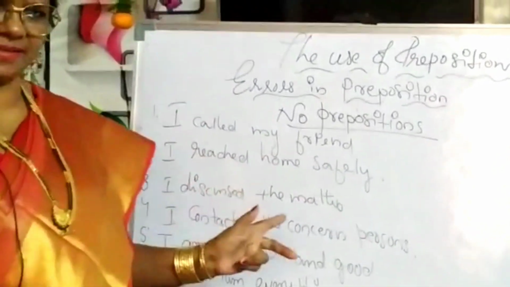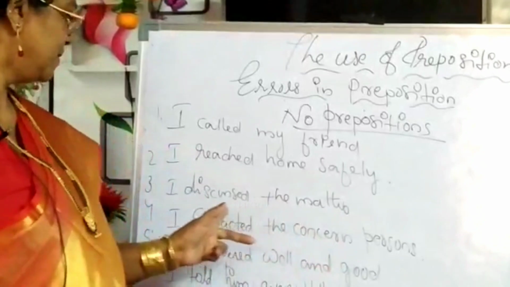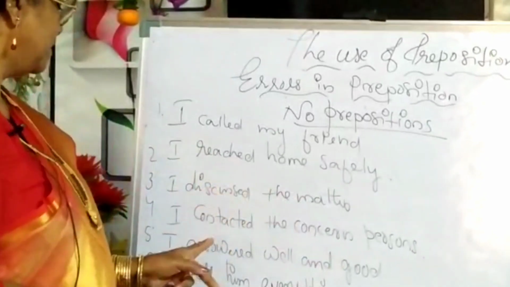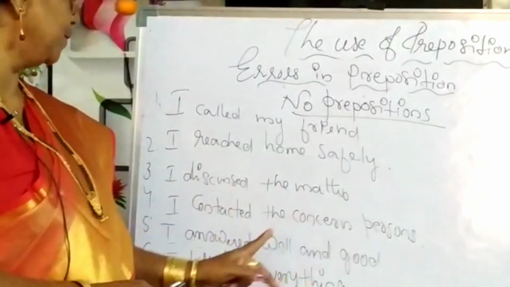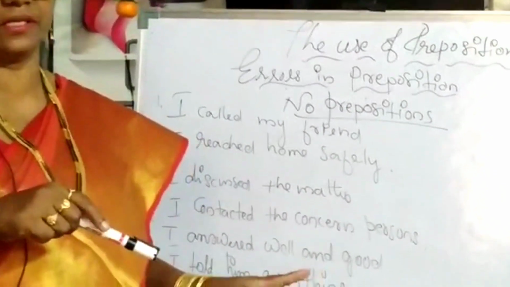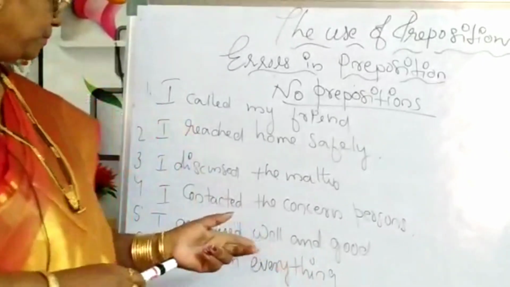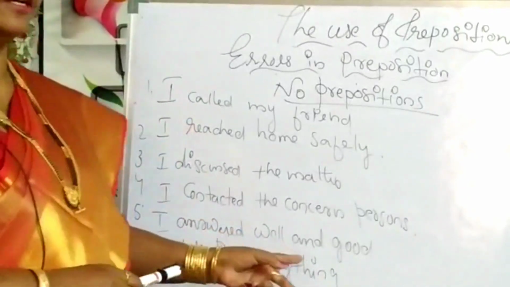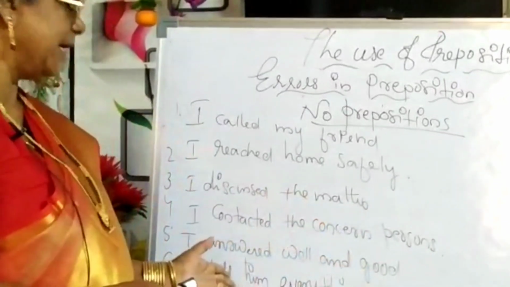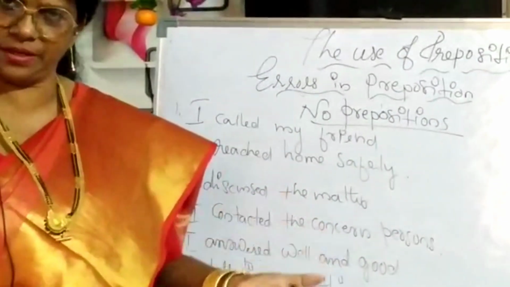After discussed, no prepositions. I conducted, no prepositions. I answered well and good. After answered, not I answered to them. You are not supposed to use that; it is I answered them. I told him everything. After told, you are not supposed to use any prepositions. I told him, not told to him.